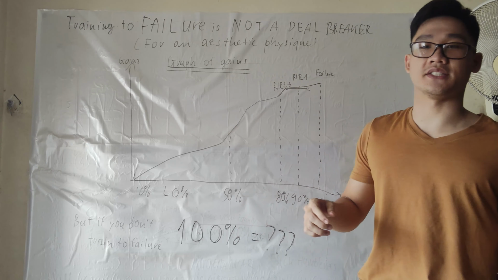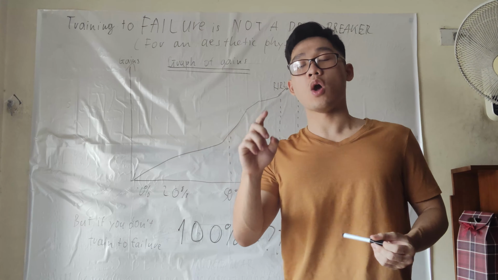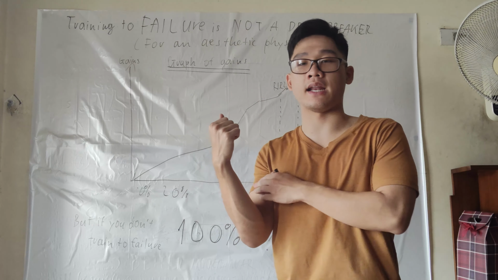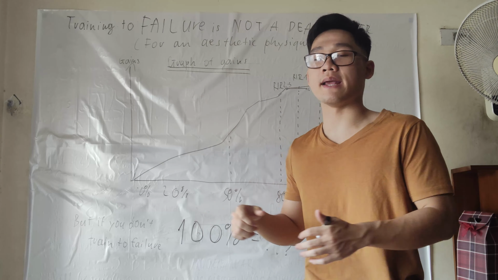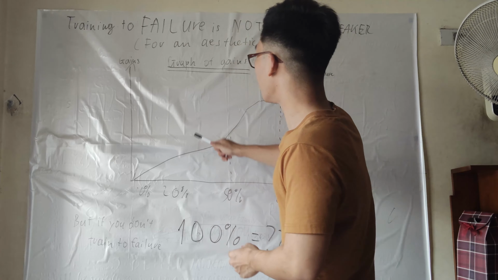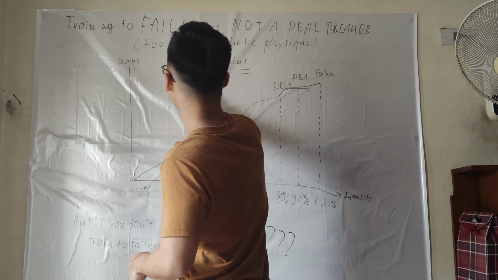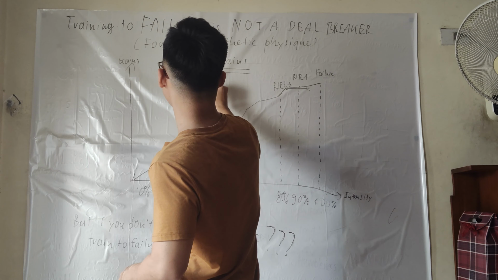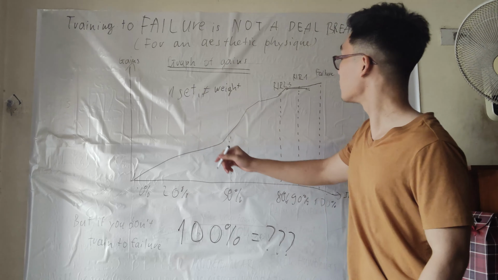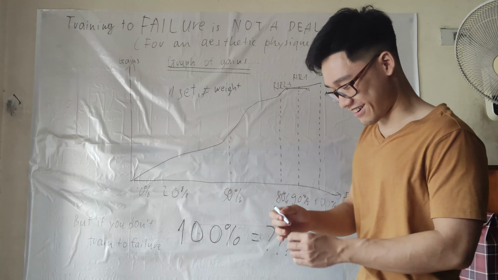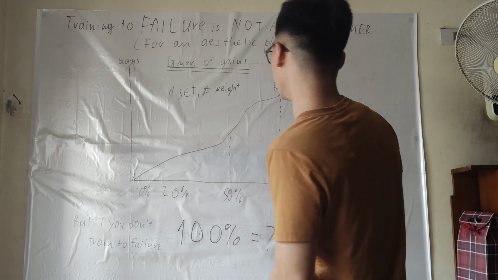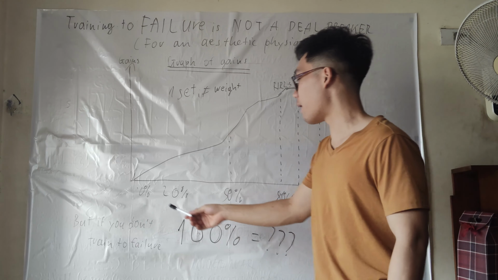Just in context here, you're gonna do one set with no drop set, no dropping weights and pumping out more reps, no training beyond failure. This graph will only consider one set with no change in weight.